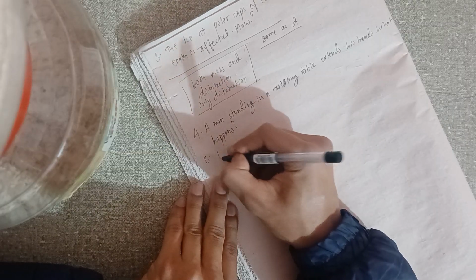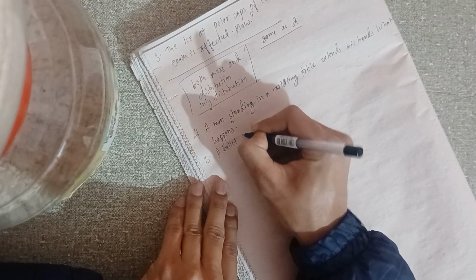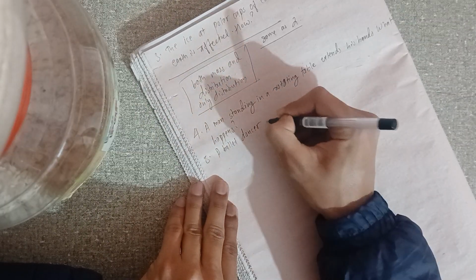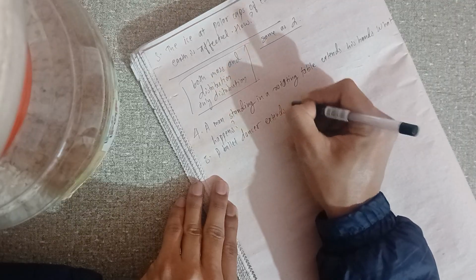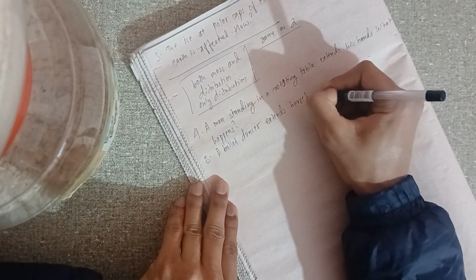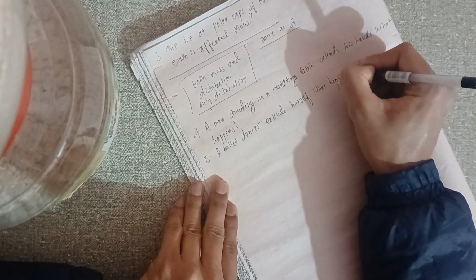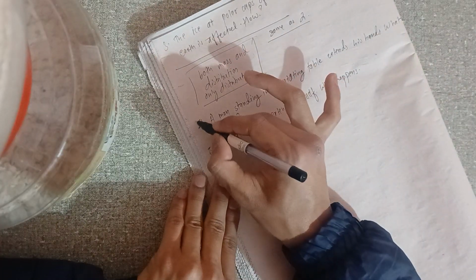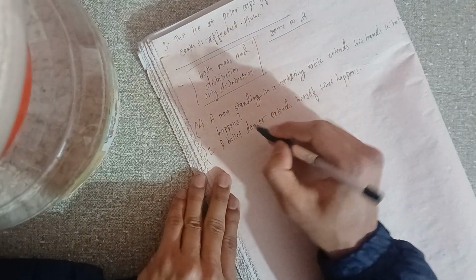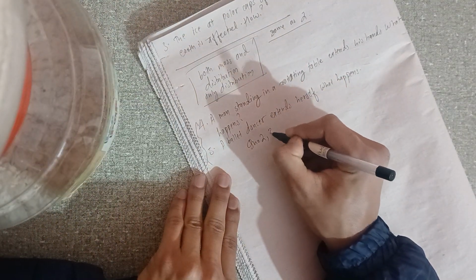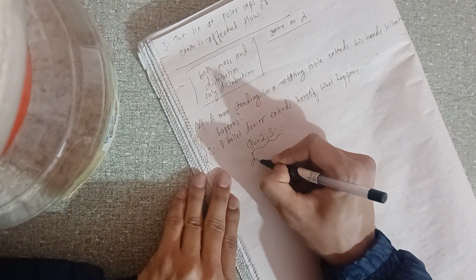Another question is a ballet dancer extends herself. What happens? These both questions can be answered similarly to question number 2 and 3. The thing is the distribution of mass.